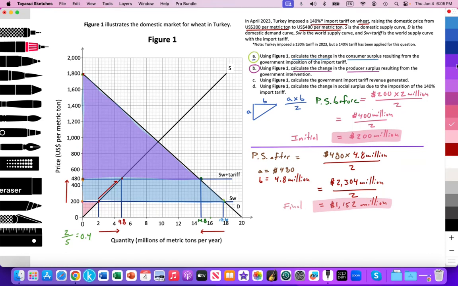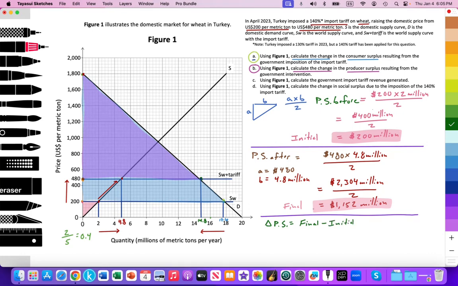surface area. So what is the change? We're being asked to calculate the change. So the change in the producer surplus is equal to the final value minus the initial value.